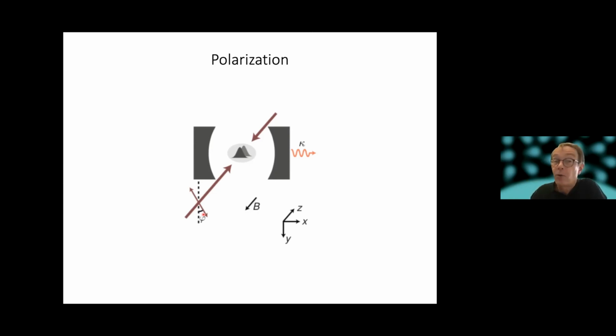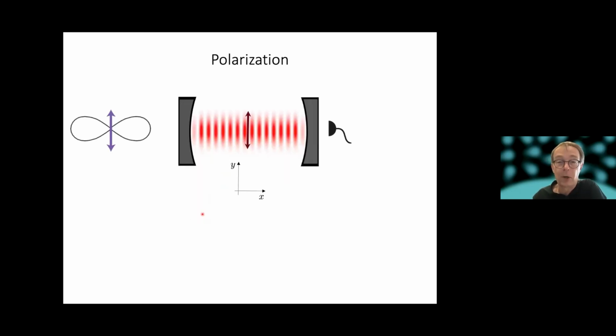But those one can have, and we look at magnetic sublevels MF equals 0 and plus minus 1. Now you imagine you change the angle phi of your polarization with respect to the y-axis. Okay, and let's see what's happening.